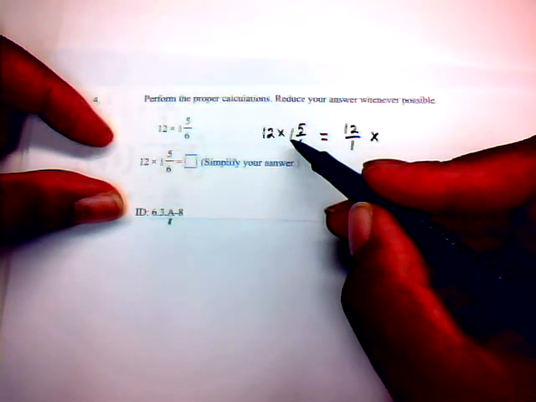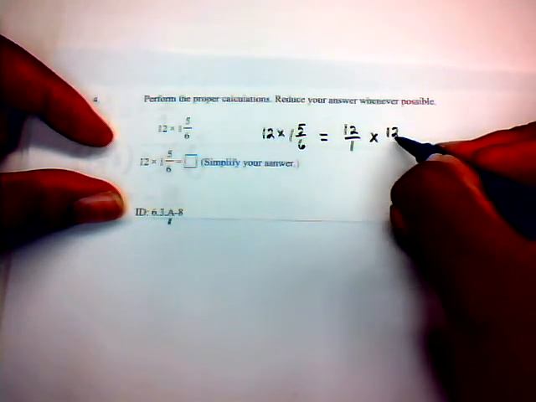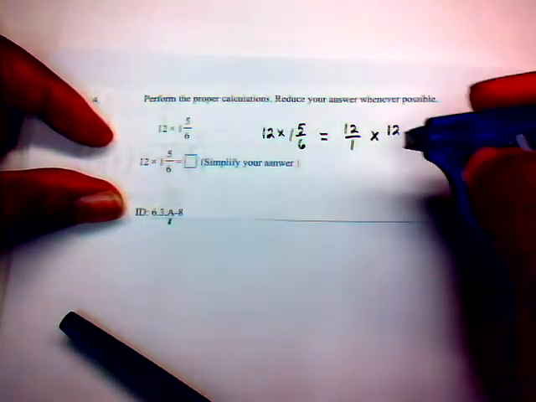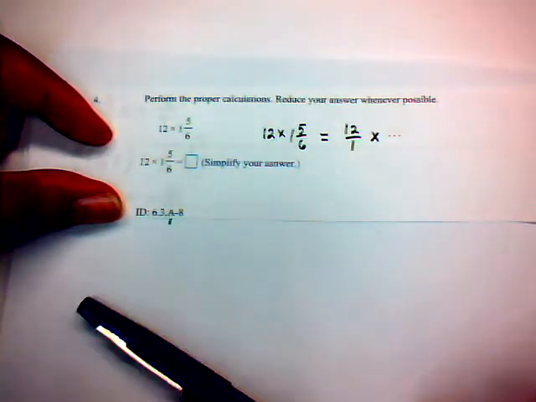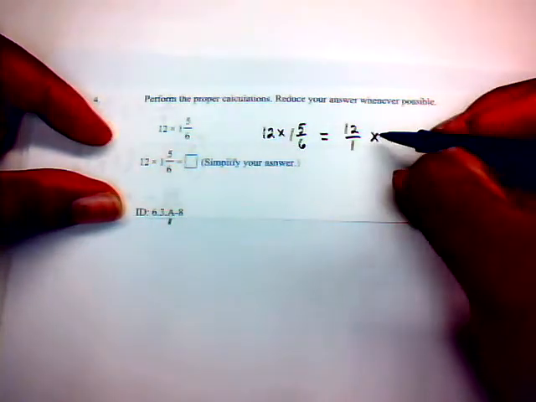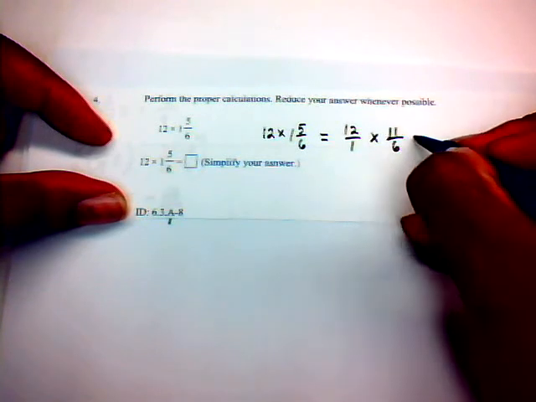Multiply 6 times 1, that will be 7, plus the 5 would be 12. No, I'm sorry, it's 11. 6 times 1 is 6, plus 5 is 11 over 6.